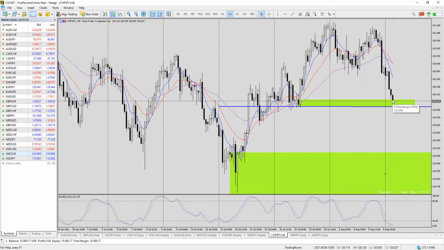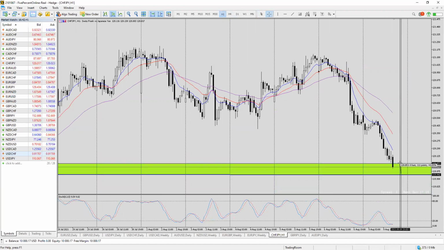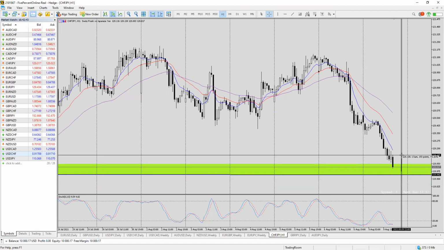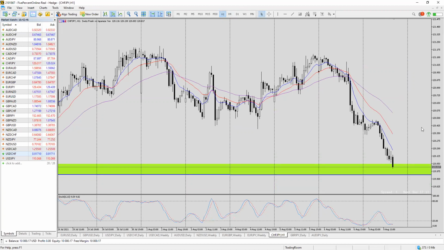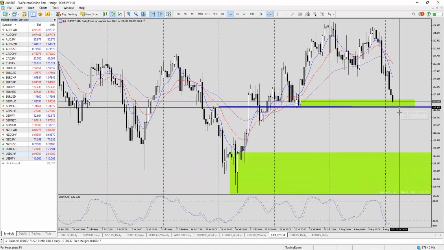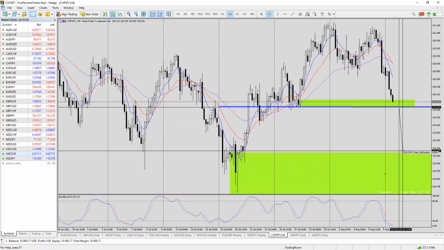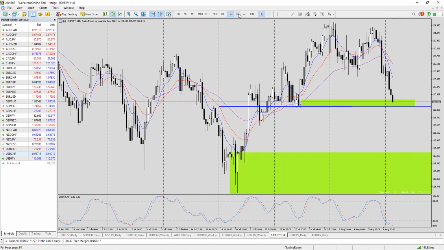If it breaks below, let's say even on the hourly chart, if it closes below and retests this area, I would go short here with a stop of around, maybe even above this candle, something like 20 pips, with a potential of at least, well, first target is around here, 20 pips, but the better target is the demand zone below, which is around 60 pips.